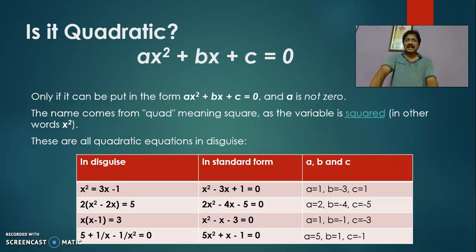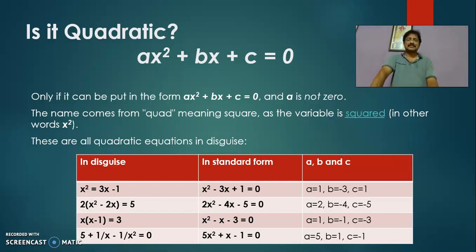So here I collected some of the quadratic equations which are in different forms. For example, x square equal to 3x minus 1, 2 of x square minus 2x equal to 5, x of x minus 1 equal to 3, 5 plus 1 by x minus 1 by x square equal to 0.